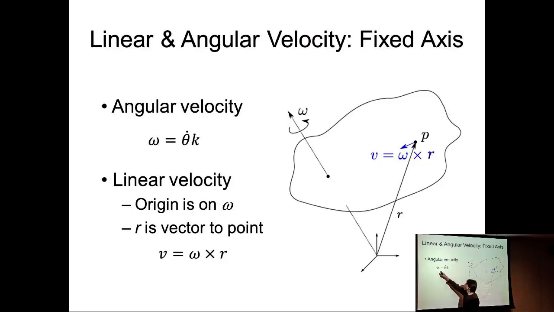Here, we're denoting our angular velocity omega as a scalar theta dot times the unit vector k that points along this angular velocity omega that we defined in the previous slide. It's also worth noting that the points on the rigid body themselves have a translational velocity as a result of the angular velocity of the rigid body.